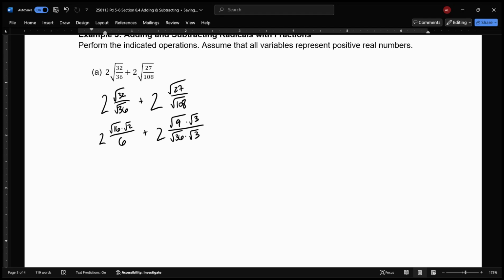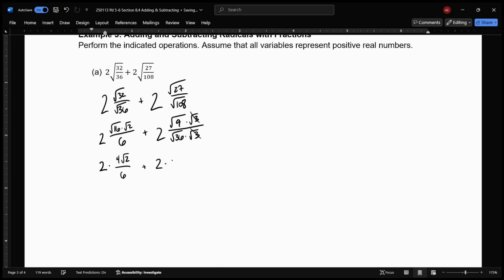Anyway, I do hope that we see that the square root of 3 will reduce with the square root of 3. So then this becomes 2 times, I got 4 square root of 2 over 6. Oh man, that's going to reduce, isn't it?